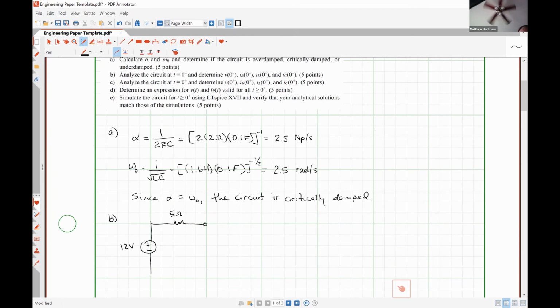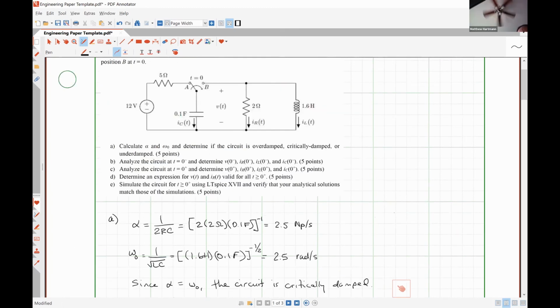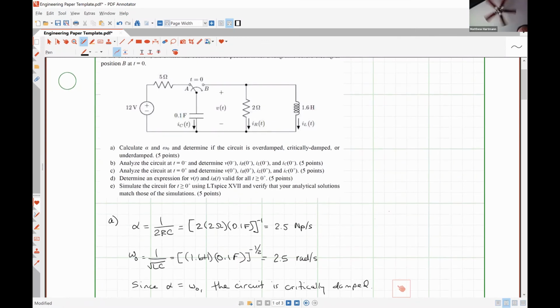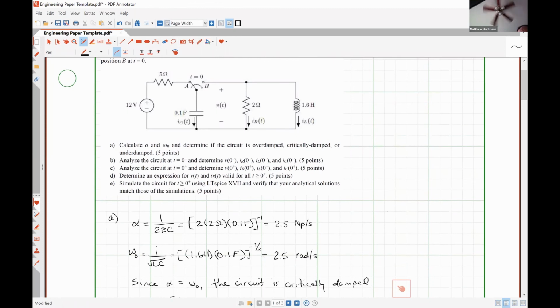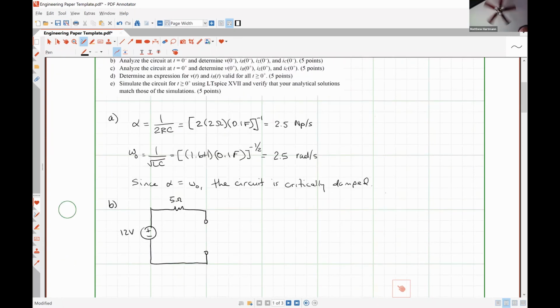Our capacitor is going to look like an open circuit because we are at DC steady state. That's where our capacitor was. Then our switch is also open, so we're going to have an open circuit there. So we'll have our 2-ohm resistor here. Our inductor will look like a short circuit.